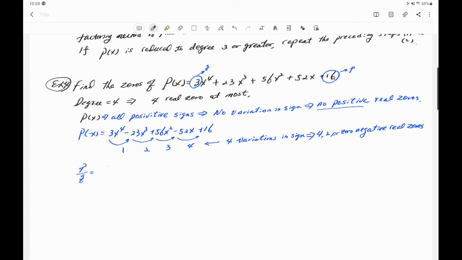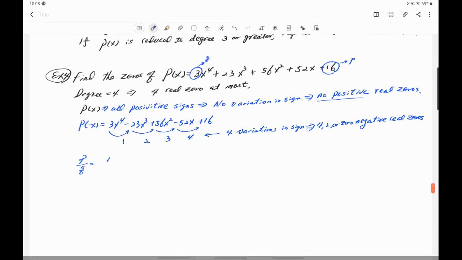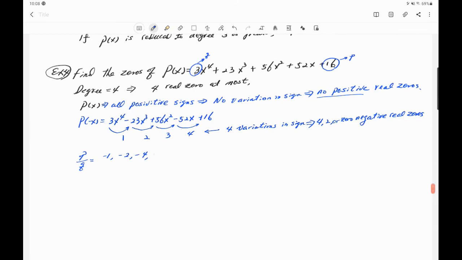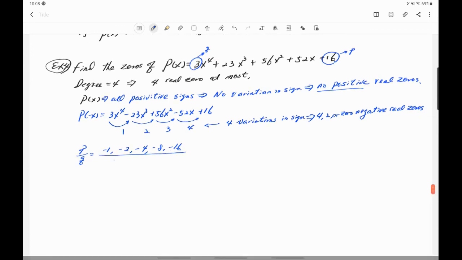So P is plus or minus 1, but we don't need positive, so we will just use negative numbers: negative 1, negative 2, negative 4, negative 8, negative 16, over the factors of 3, which are 1 and 3.